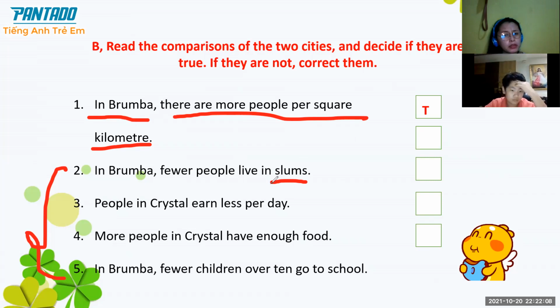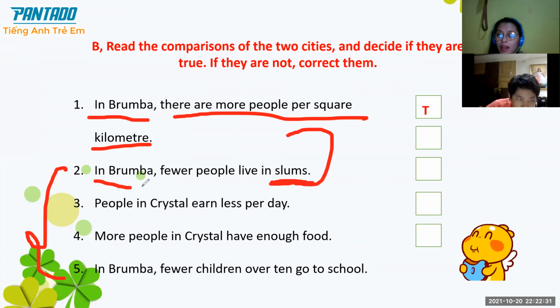Those are the people who don't have comfortable houses. They live in a squatter area, so they have miserable living conditions. So those are slums.